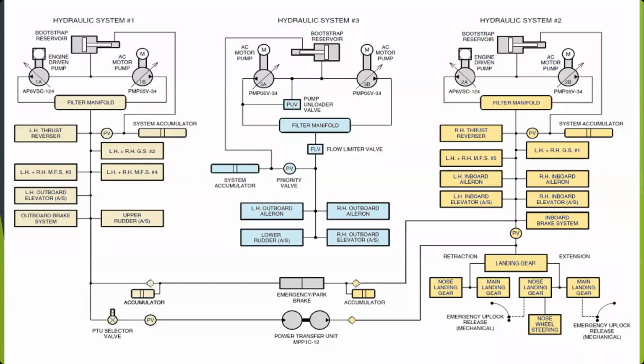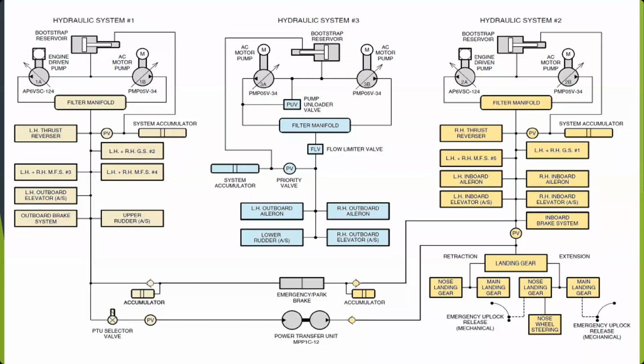So you can see all the different things here, starting on the left, including thrust reversers, spoilers, elevators, brakes, rudders, ailerons, and then on the other side, right hand and brake, a lot of the same items. Some aircraft may add door activation to that and other devices as well.